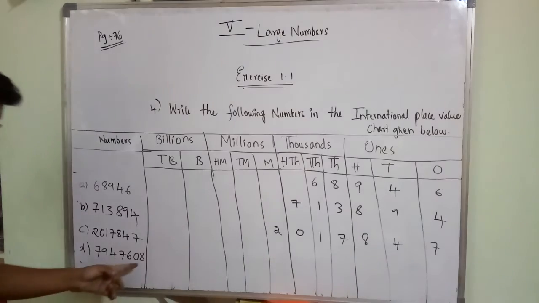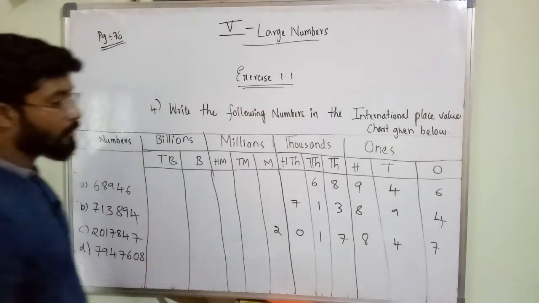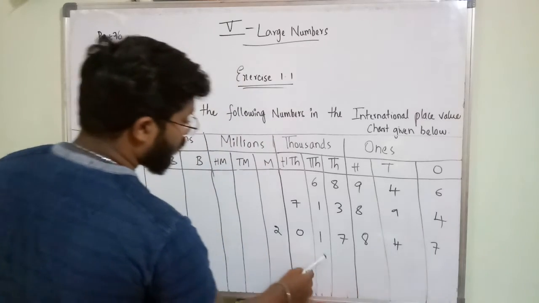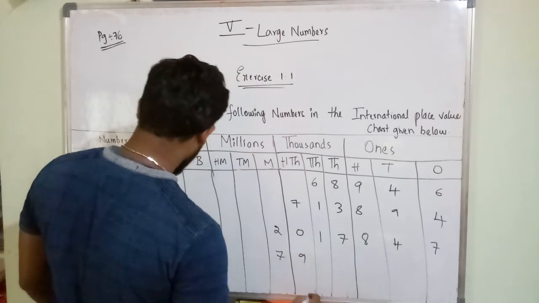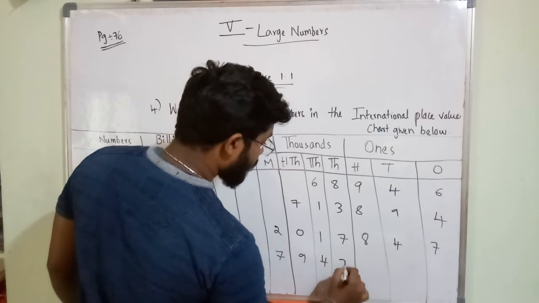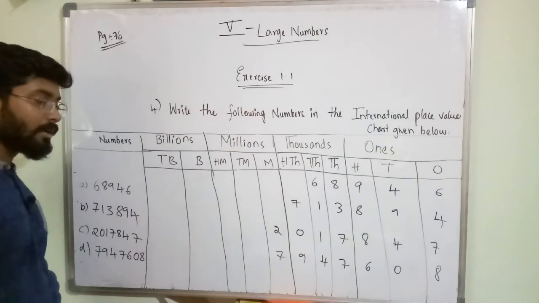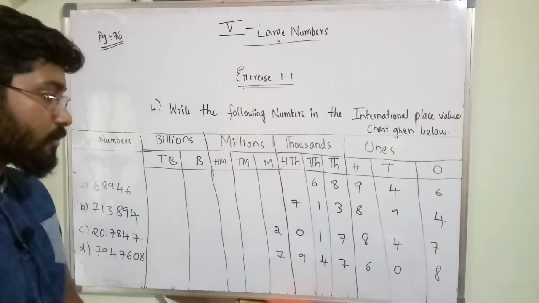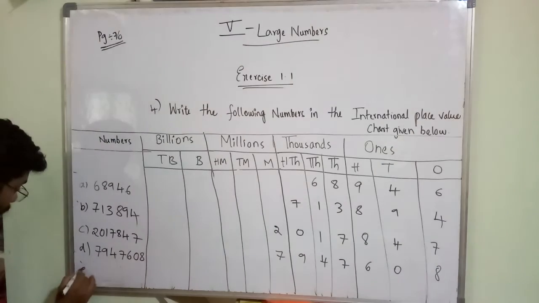How many digits are there? 1 2 3 4 5 6 7. 7 digits are there, so from here you have to start. 7947608. What is the number name? 7,947,608.